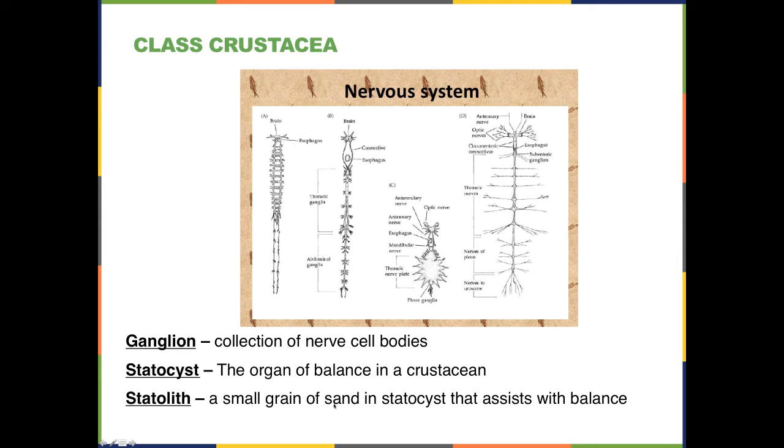It's a little granular sand-like material, and when the crustacean is knocked aside or off balance, this grain moves around within the statocyst, and there are little hair-like projections that detect this motion and help the organism to rebalance itself.